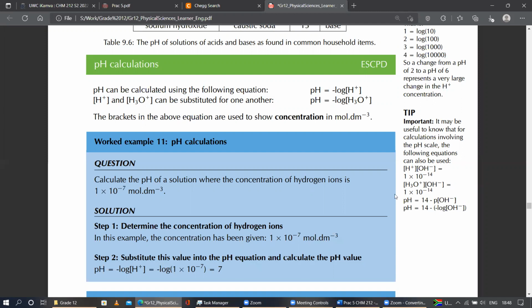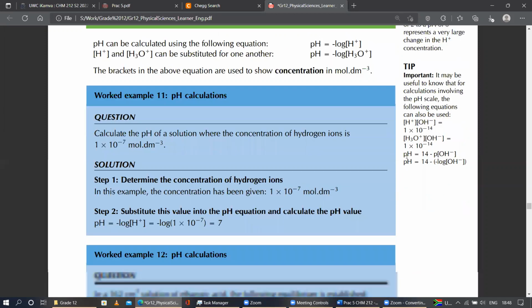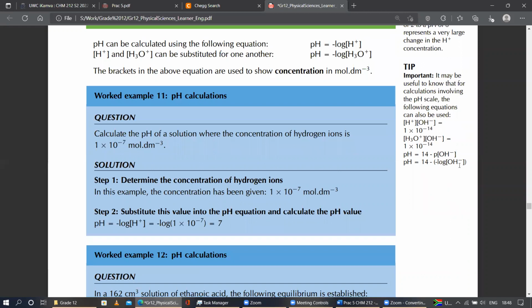And these two equations down here are going to be important because it's not always that you'll have a proton and a hydronium ion as the products of a reaction.